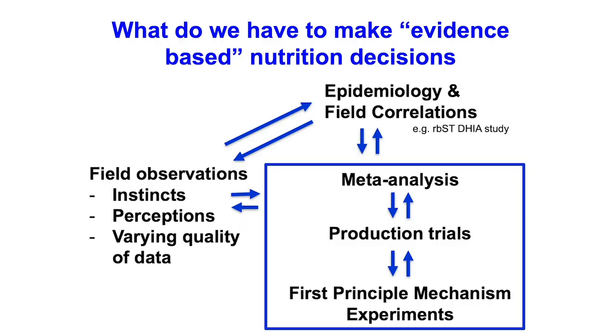We move up from there to production trials. And then we do a bunch of production trials, and we usually end up in these situations where something worked here and not there, and worked here and not there, and we've just confused and frustrated everybody. So somebody says, we better do a meta-analysis, and we'll put all this data together and figure out what's real and what's not real.